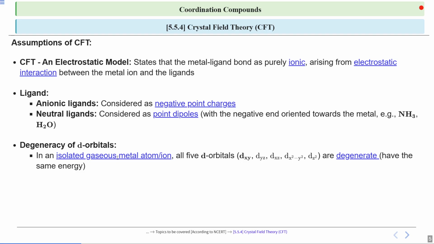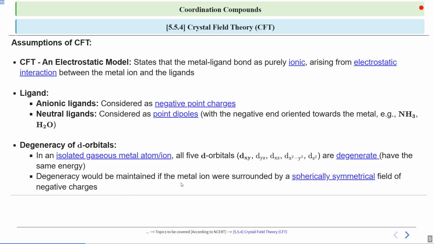In an isolated gaseous metal atom or ion, these 5 d orbitals are degenerate. That means they have the same energy.